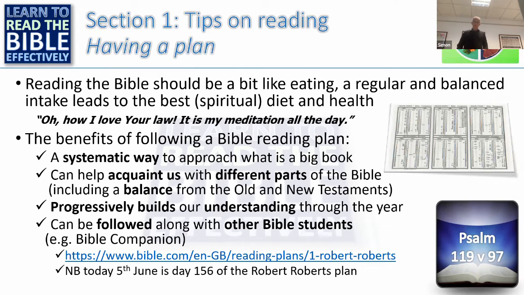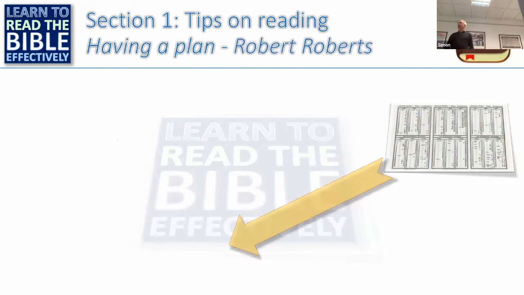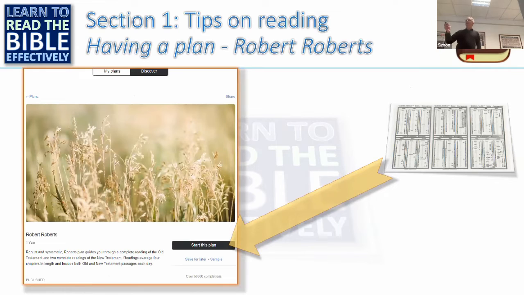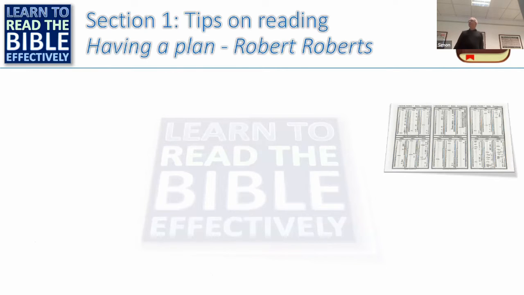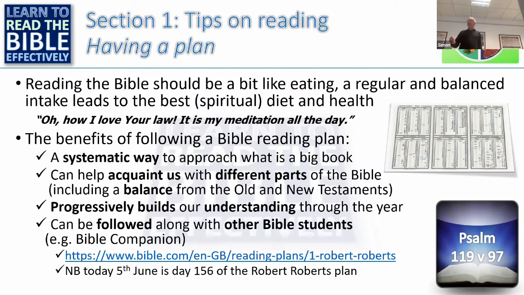Okay, now just to show you what that might look like, when you go to that link there, you'll get this page here, and this is the image you're looking for with this cornfield, and you can start the plan, and as the previous slide said, today, the 5th of June, is day 156 on that plan. So if you wanted to synchronise with everybody else that's reading it in this room, you could do that.